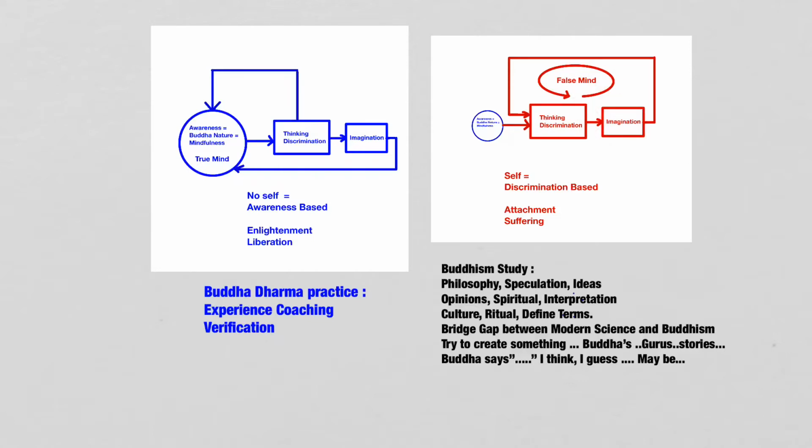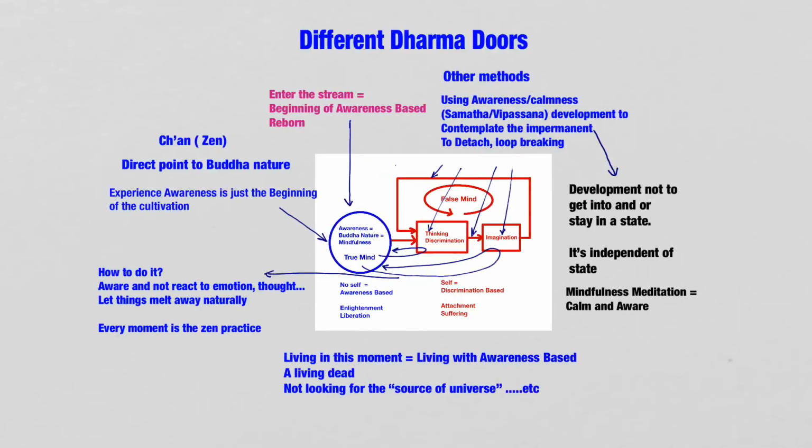Okay. So let's use this and get into Zen practice. The first thing in Buddhism practice is that there are different Dharma doors, okay? And there's the Zen Dharma door, the Zen. What happens with the Zen Dharma door is that it directly points to the Buddha nature.